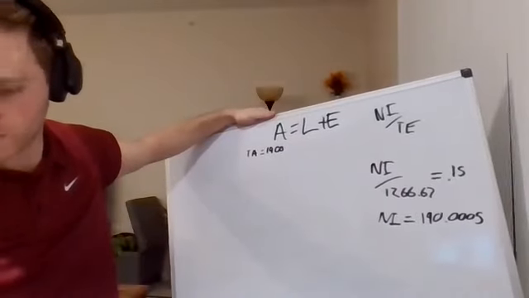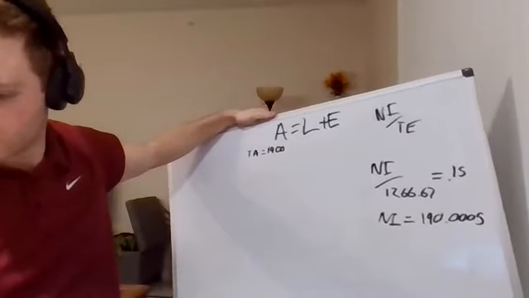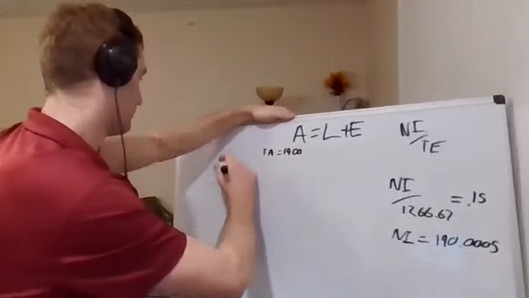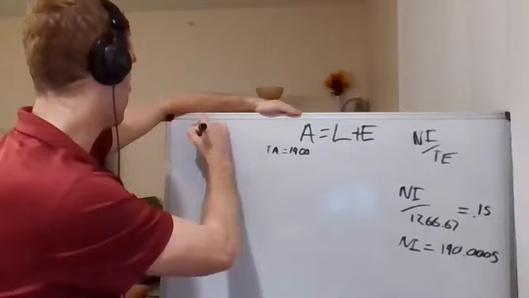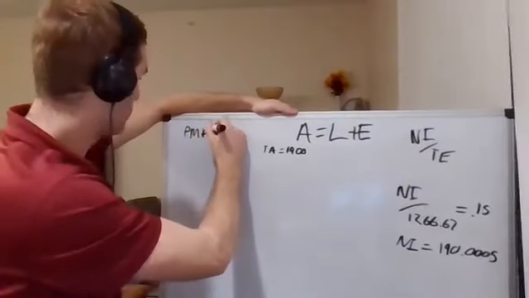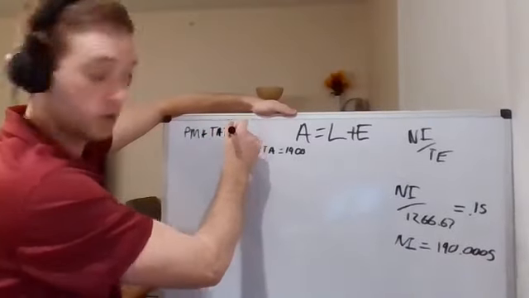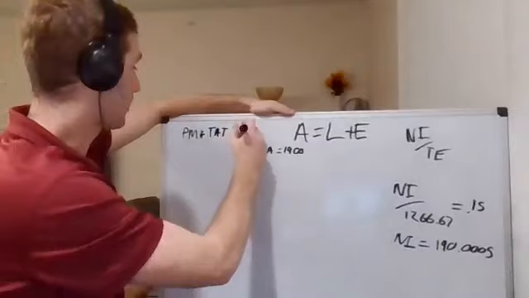When we do it his way, for the DuPont identity, it's profit margin times total asset turnover times equity multiplier.